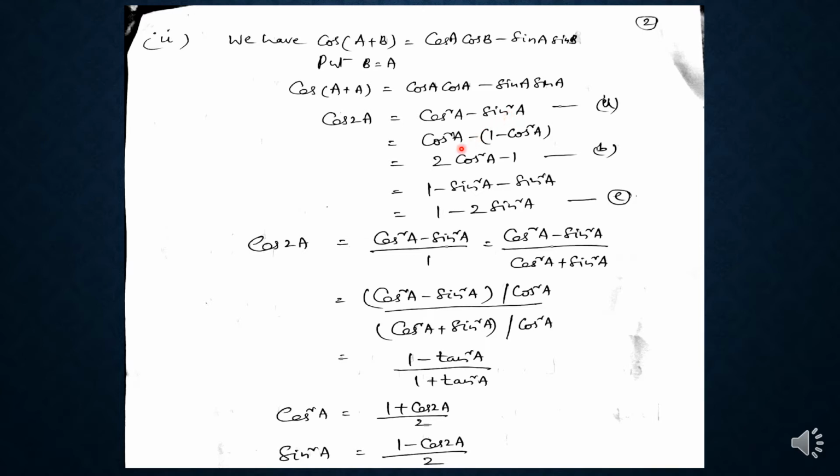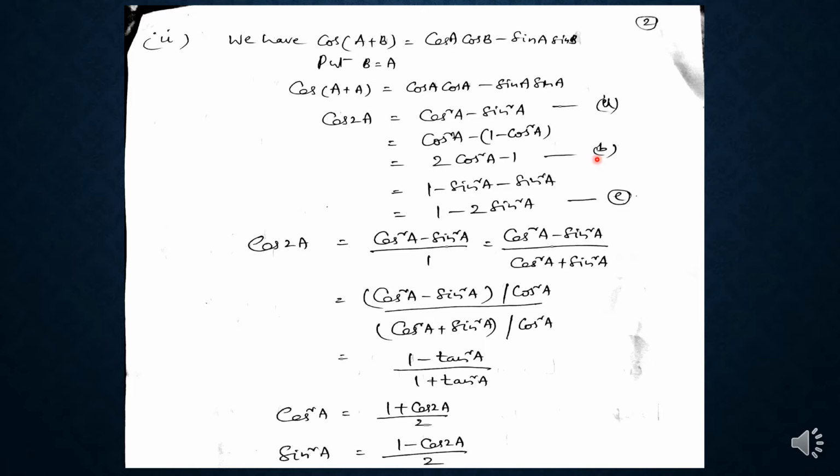So cos square a minus sin square a can be written as cos square a minus, 1 minus cos square a. So this becomes cos square a plus cos square a, 2 cos square a minus 1. So this is the second formula.